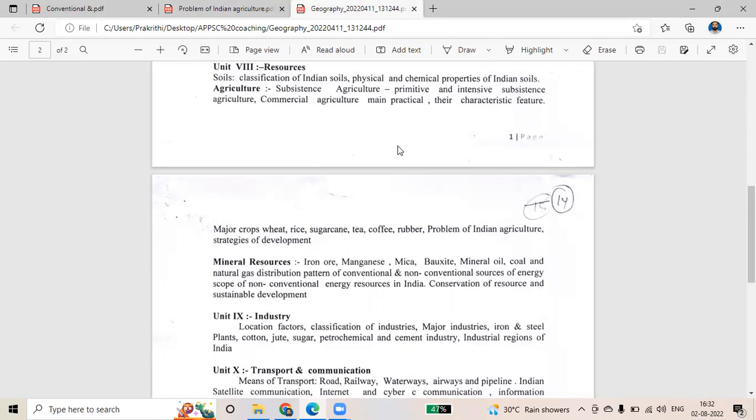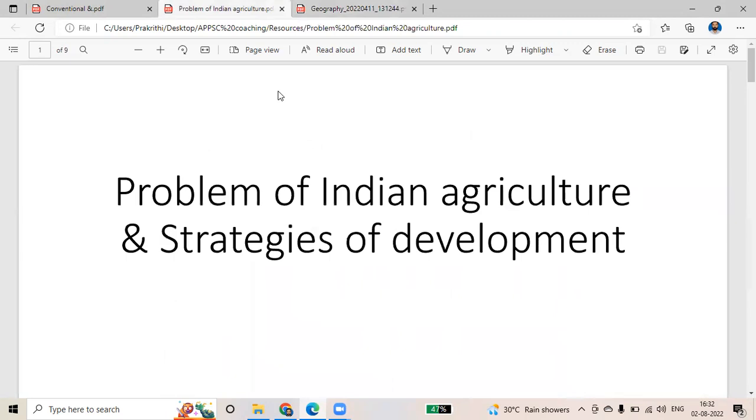Limited resources. We are in the last class of this unit, regarding problems of agriculture and strategies for development. So Indian agriculture, we know that in the early time we were depending mostly on agriculture. Even after independence, we are facing poverty as one of the important problems. Along with that, we have unemployment as well.